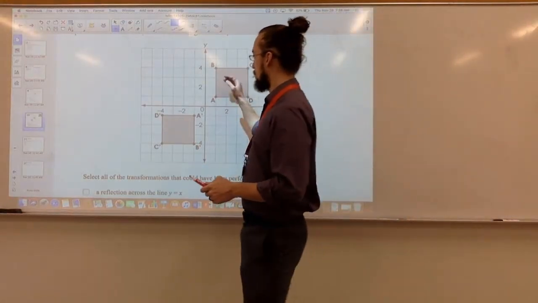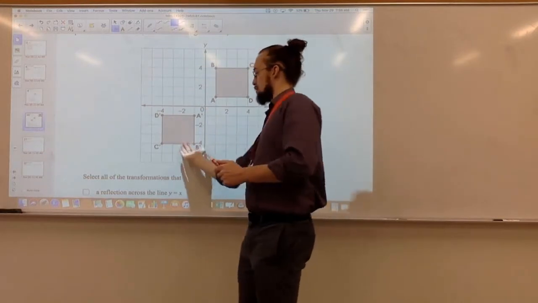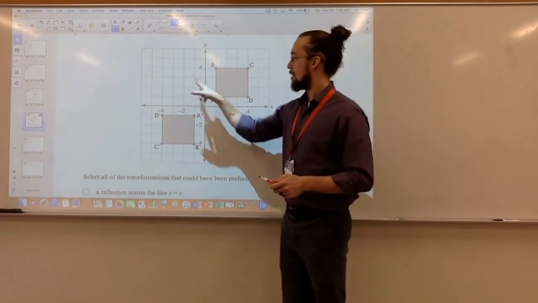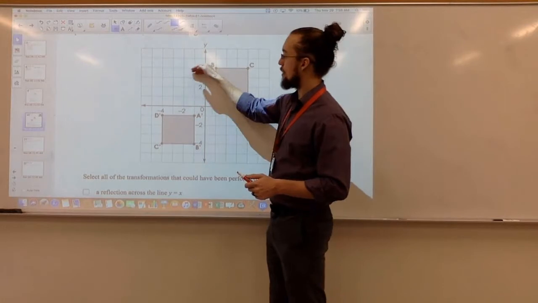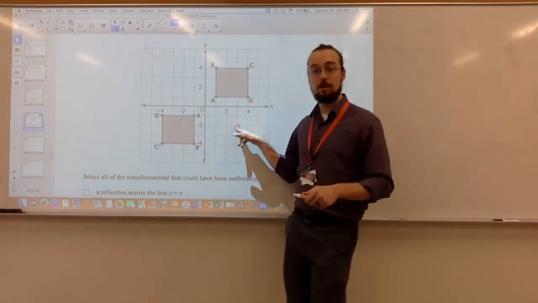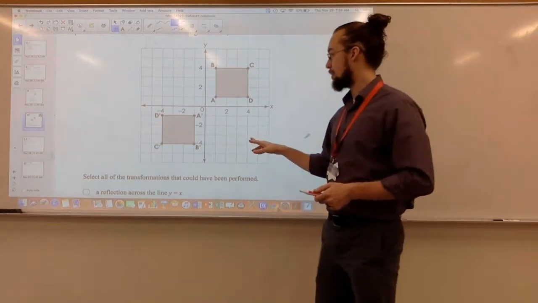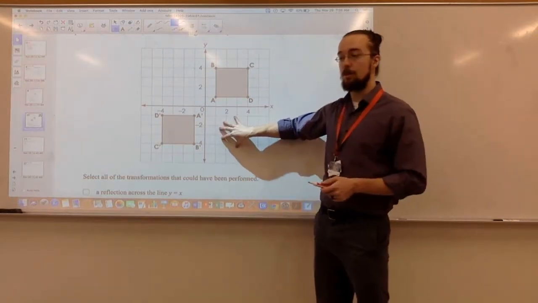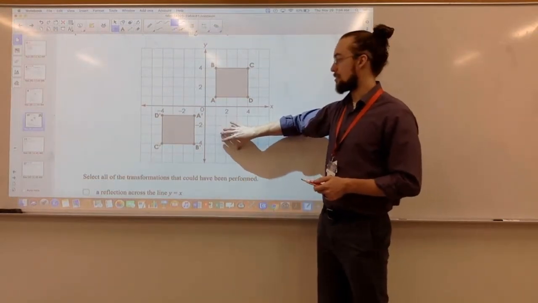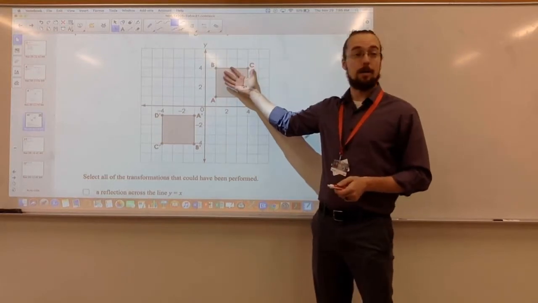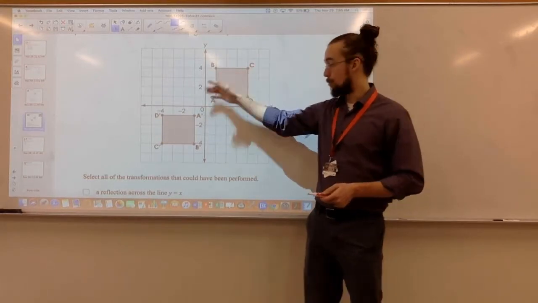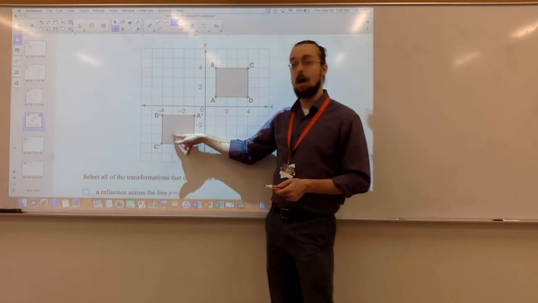So which way is counterclockwise? To the left. So if I go 270, I would end up here. Then it says followed by a reflection in the x-axis. So if I'm here and I reflect in the x-axis, I would end up back up here. And we're trying to get down here, so that would not work.